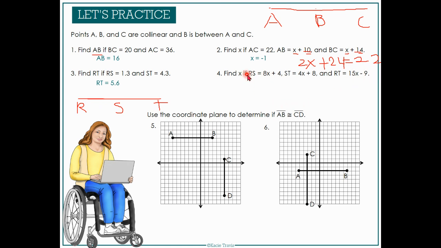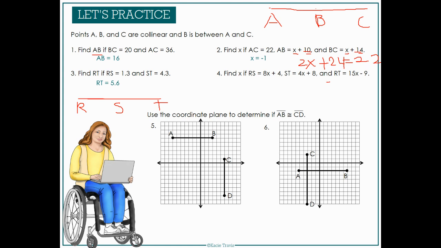Now we can use this picture here to set up for the second one. We're going to find x if RS is 8x plus 4, and ST is 4x plus 8, and if the whole line here is 15x minus 9. Now, if that's the case, we got to make sure we set it up, okay? So let's put out a pen. So the whole line is RT, the whole line.